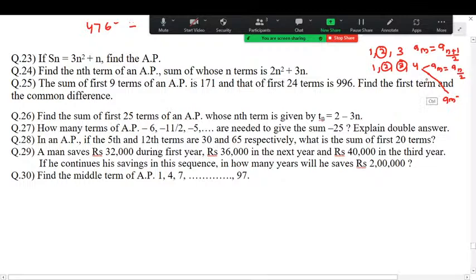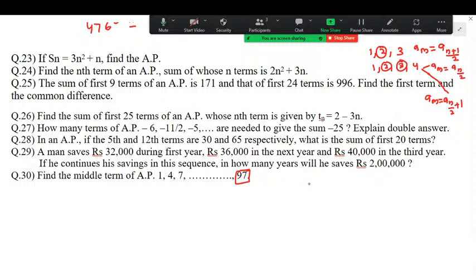In this way we can obtain the middle value. So first you find out the value of n here in question number 30. Then I will tell you whether there exists one middle term or two middle terms. Then you can figure it out.